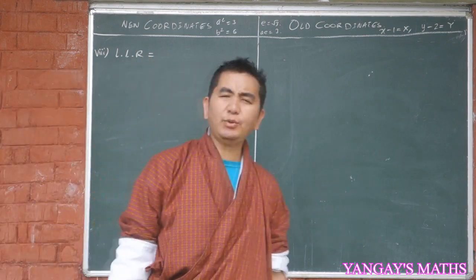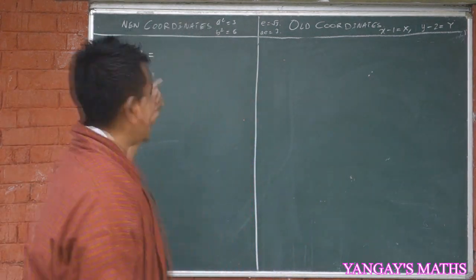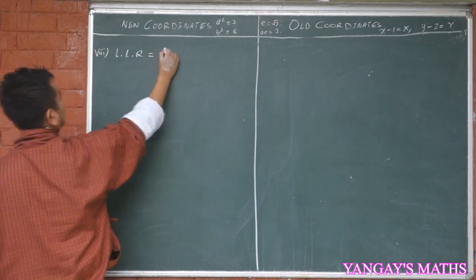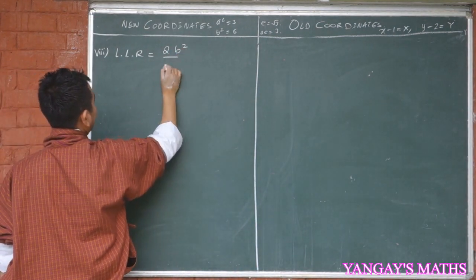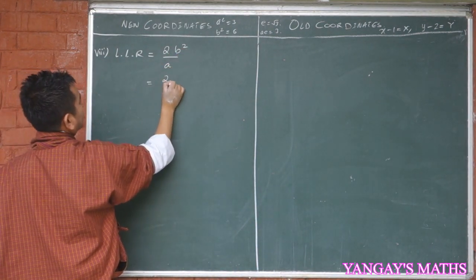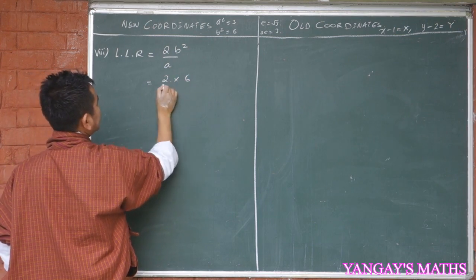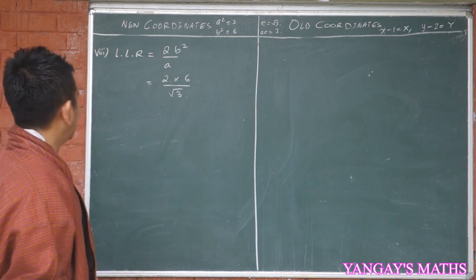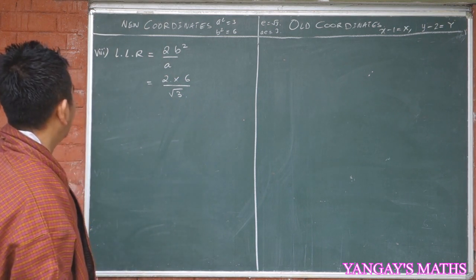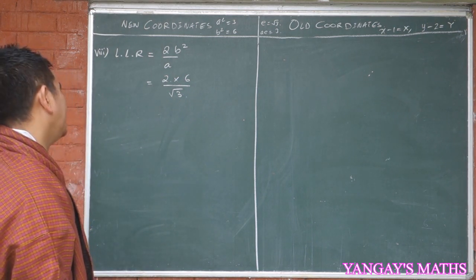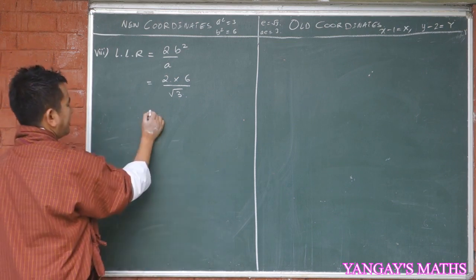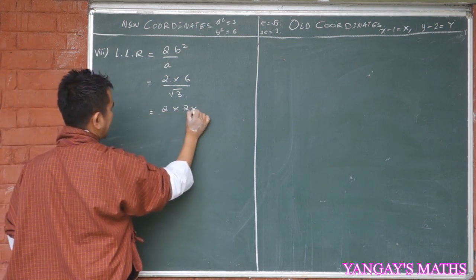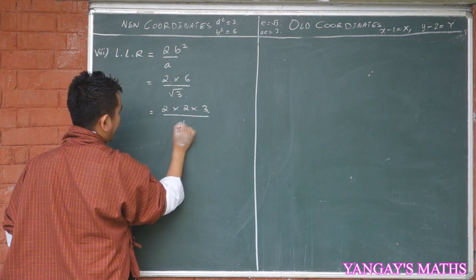So now we are with number 8, which is the length of latus rectum. What's the length of latus rectum? 2b squared by a, which is equal to 2 times, what's b squared? 6. What's the a value? Root 3. Let me write this as 2 times 3 divided by root 3.